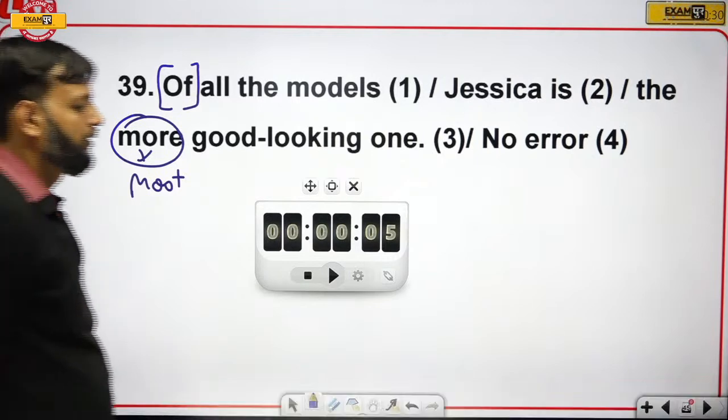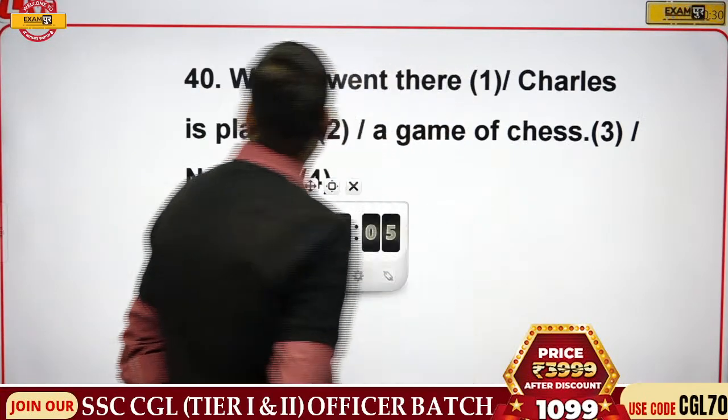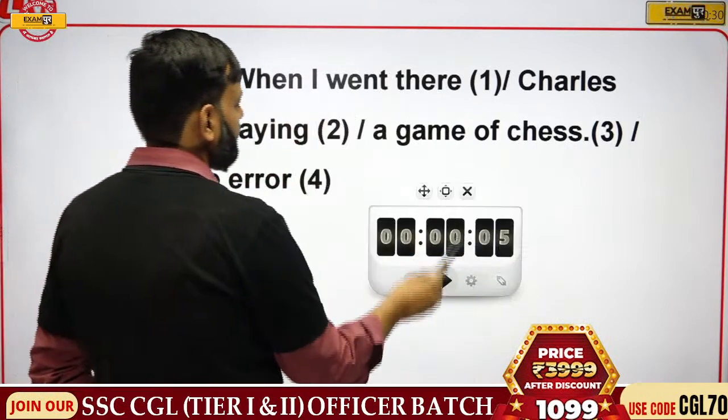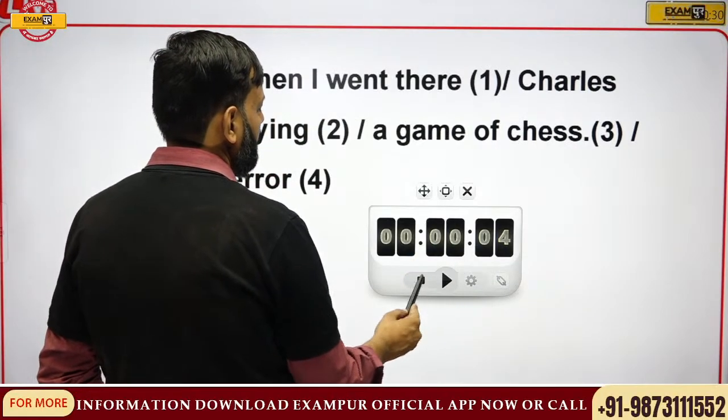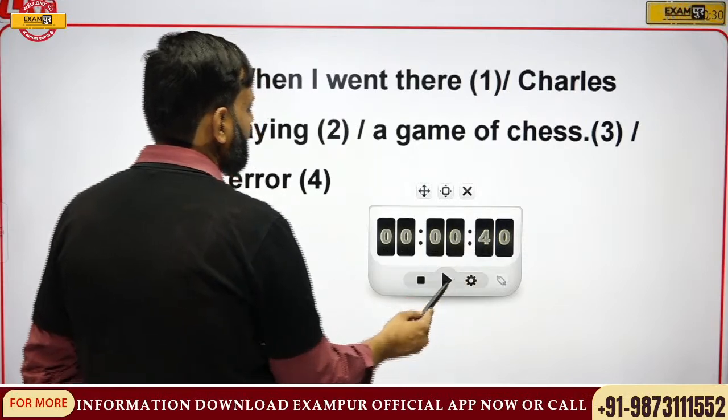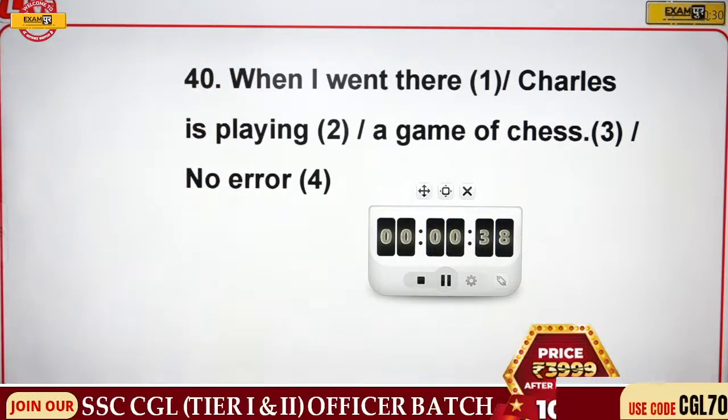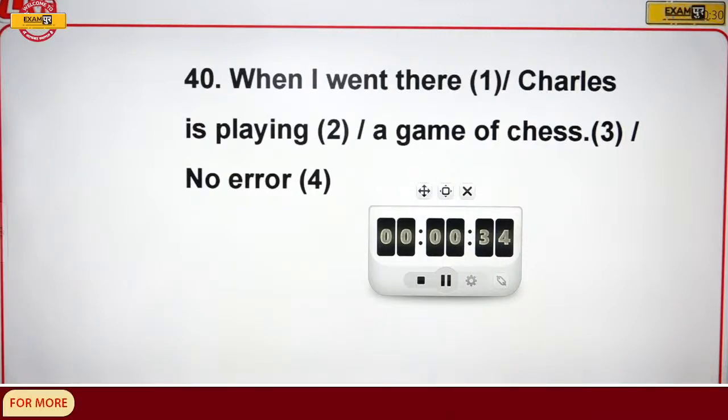Okay. Now the next one, question number 40. When I went there, Charles is playing a game of chess. Now this is also a very easy question.